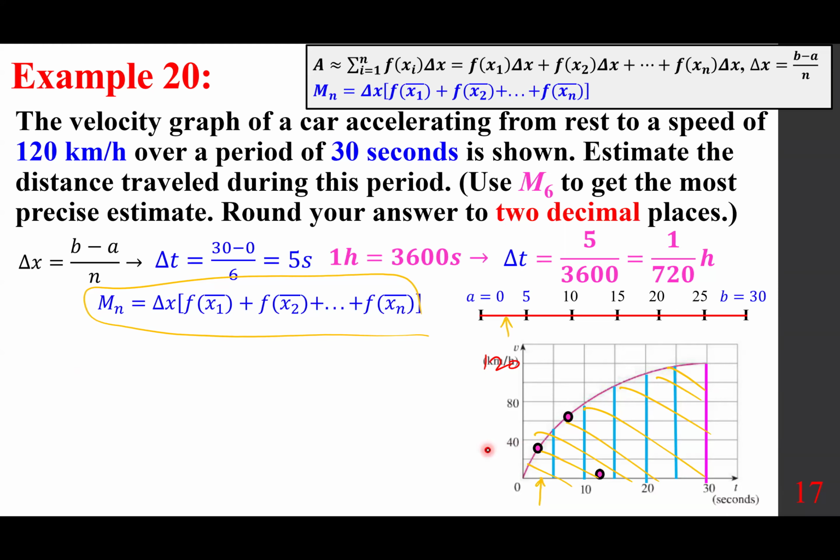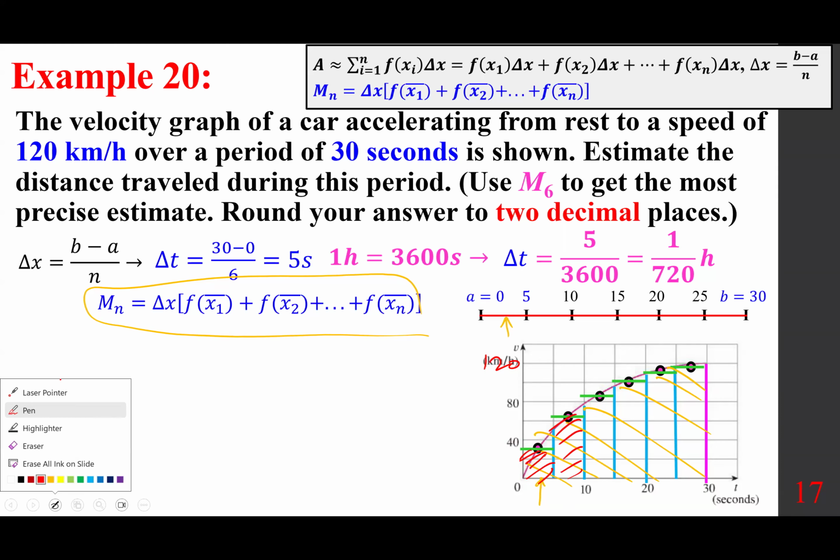The second one, the third one, the fourth, fifth, and the sixth one. Now, if you draw a line segment, please understand this will calculate, let's go with the red one, the first one, the second one, and the rest of them, using the midpoints. Very simply, the midpoints.